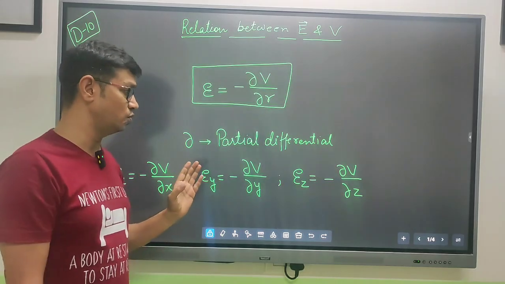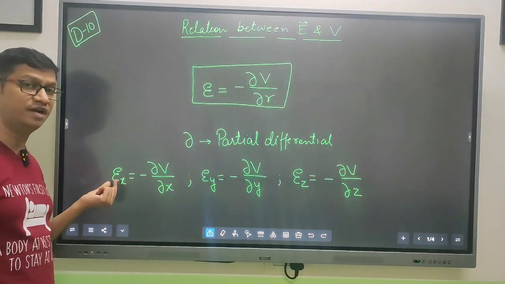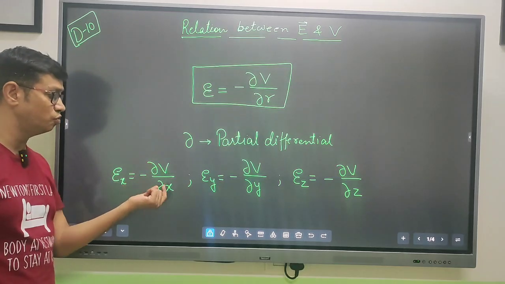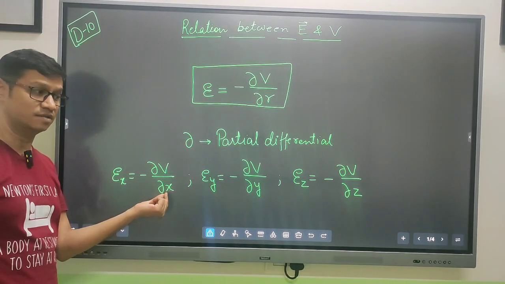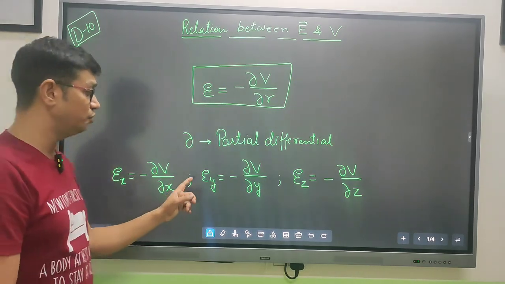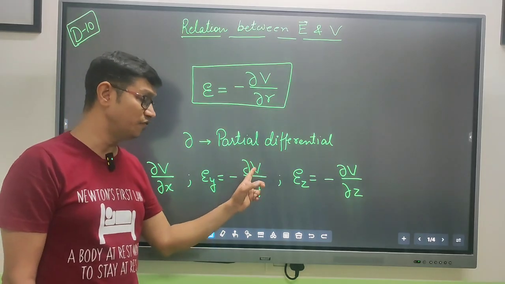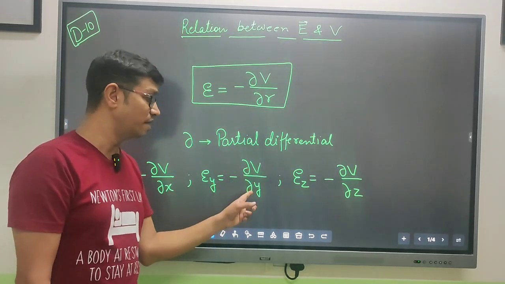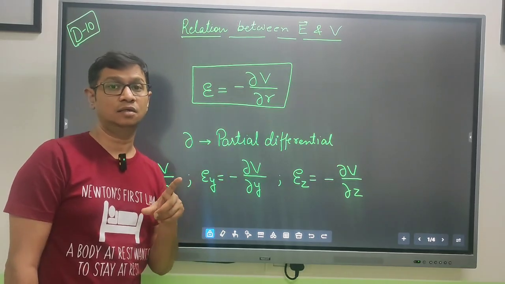So what this means: if you have to calculate the electric field in x direction, you do partial differentiation of V with respect to x. That means you take y and z as constants. When you do Ey, that means electric field along y direction, you differentiate the same potential but not taking y as a variable, taking x and z as constants.